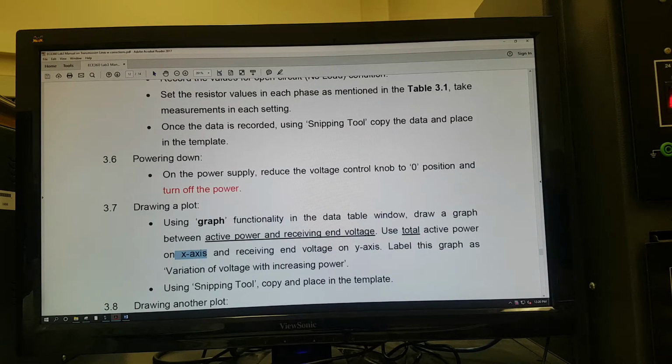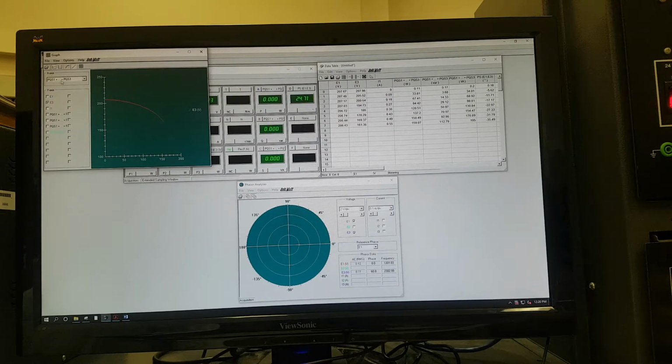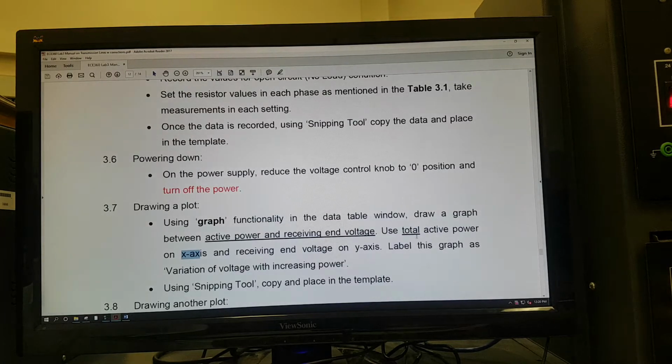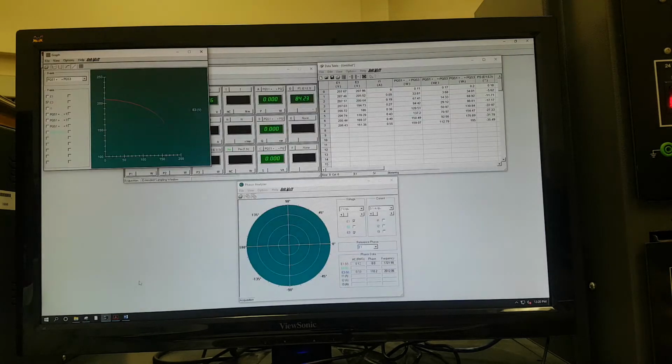So you use total active power on the x-axis, and then receiving end voltage on the y-axis.